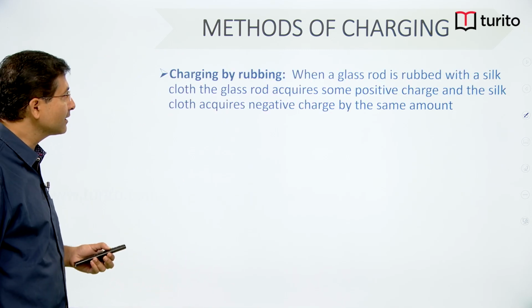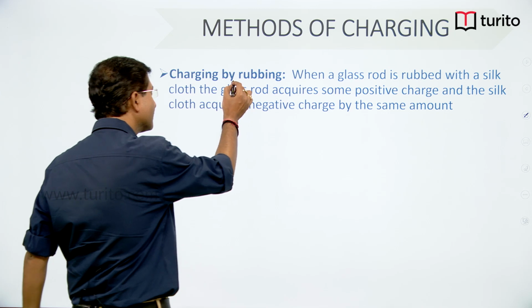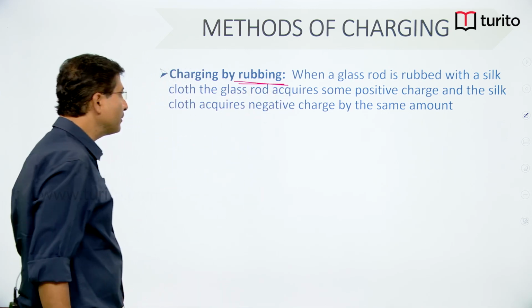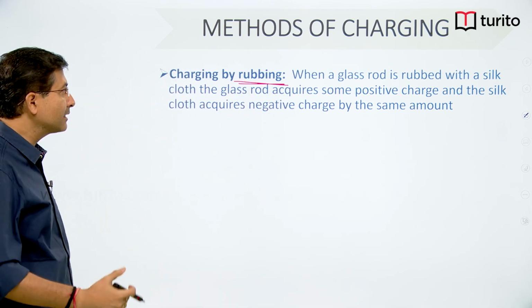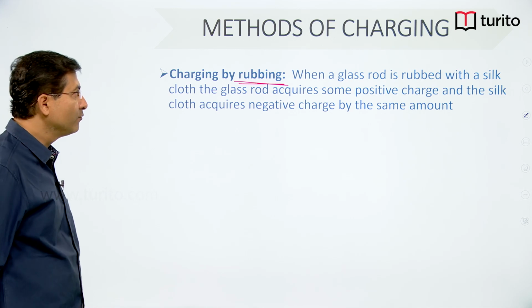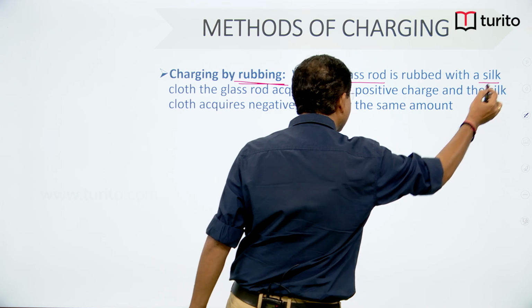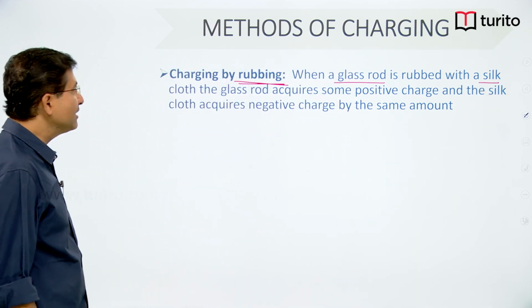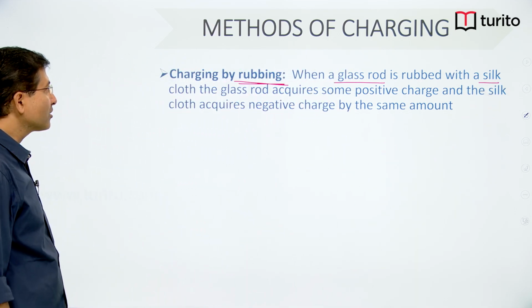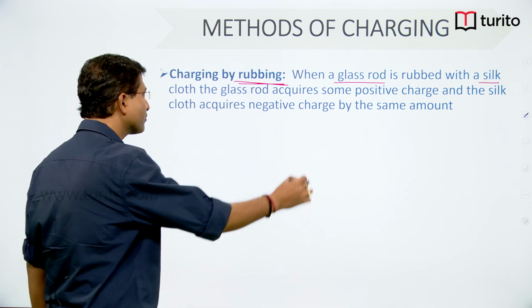So first, by rubbing we can make the body charged. For example, when you rub a glass rod against silk, then silk gets negatively charged while the rod gets positively charged.